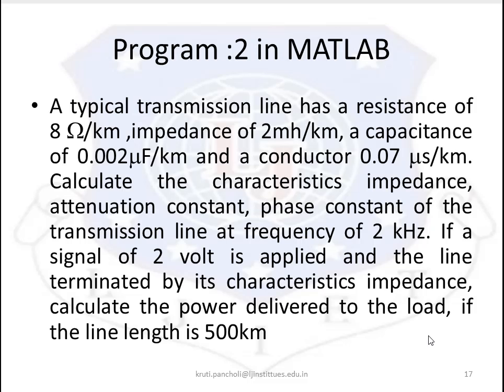The second program or example: a typical transmission line has a resistance of 8 ohm per kilometer, an inductance of 2 millihenry per kilometer, a capacitance of 0.02 microfarad per kilometer, and a conductance of 0.07 microsiemens per kilometer.